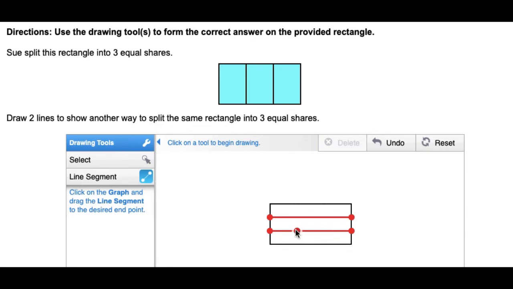So here we are dividing, in this one we are dividing horizontally, and the above one, the blue one, it's divided vertically. Okay. Here also it's divided into 3 equal shares. Here also it's divided into 3 equal shares. But one way to divide it is vertically, the other way to divide it is horizontally. Okay. I think there's no other way.